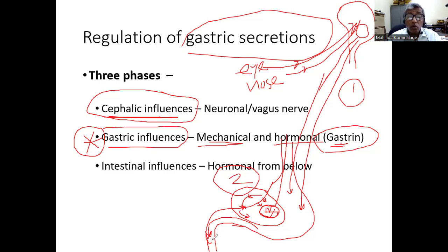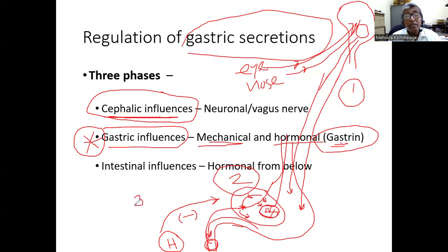So when the food bolus is coming down, what happens? Some receptor mechanism operates and secretes certain hormones from the duodenum or small intestine. This hormone comes and acts to inhibit the gastric secretion. So it's a negative inhibition.